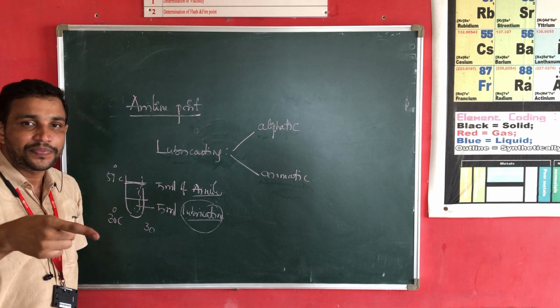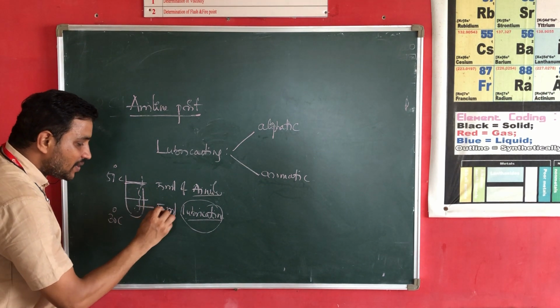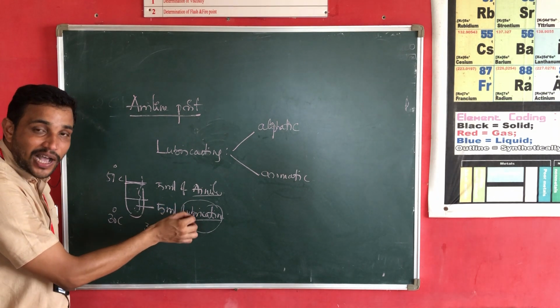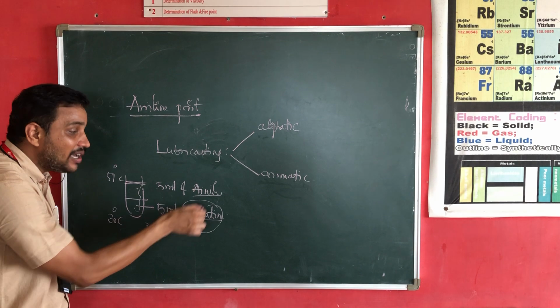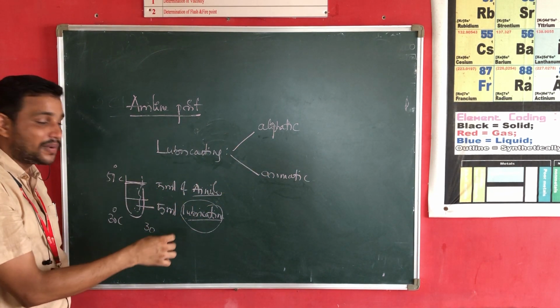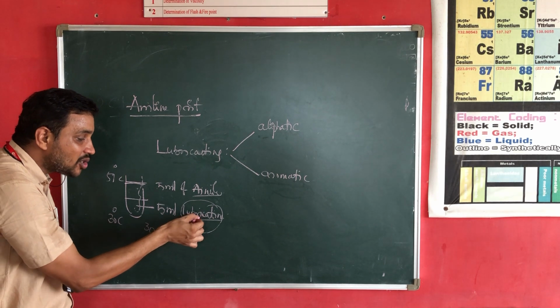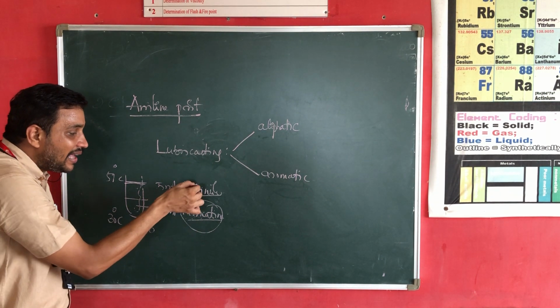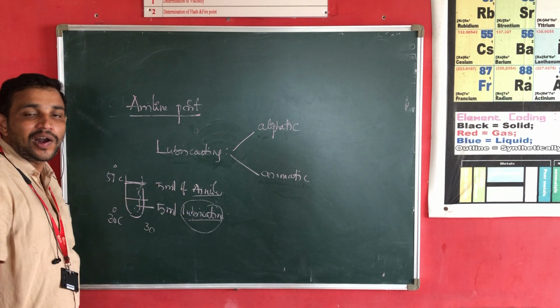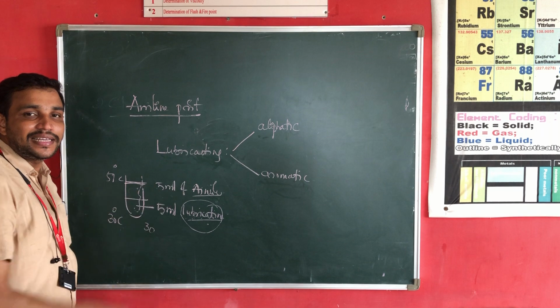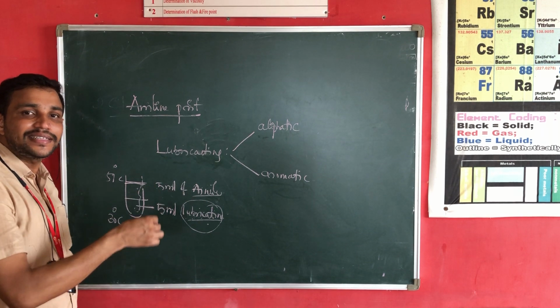Repeating again. If the lubricating oil contains a hydrocarbon chain of the kind in aniline. Aniline, what kind of hydrocarbon? Aromatic hydrocarbon. If the lubricating oil also contains aromatic hydrocarbons, and aniline is already an aromatic hydrocarbon, like dissolves like.